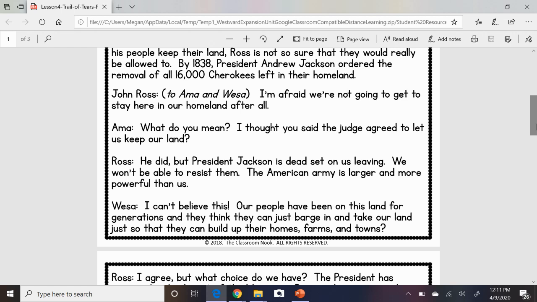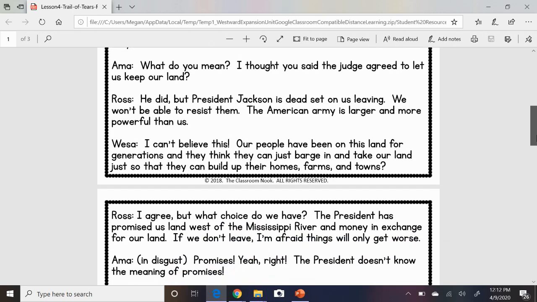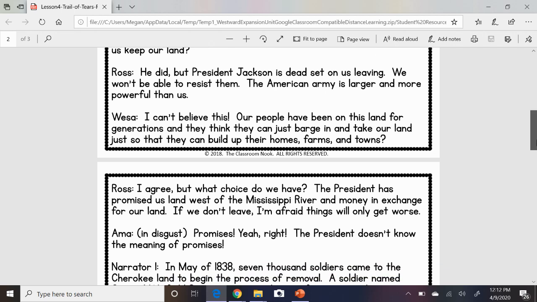"I am afraid we are not going to get to stay here in our homeland after all." "What do you mean? I thought you said the judge agreed to let us keep our land." "He did, but President Jackson is dead set on us leaving. We won't be able to resist them. The American army is larger and more powerful than us." "I can't believe this.